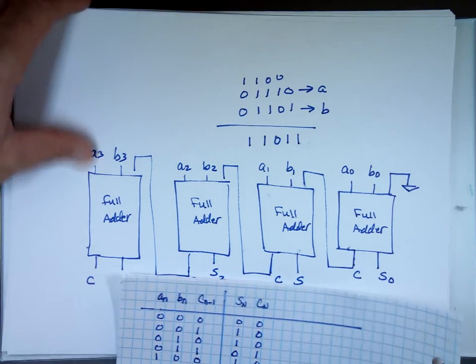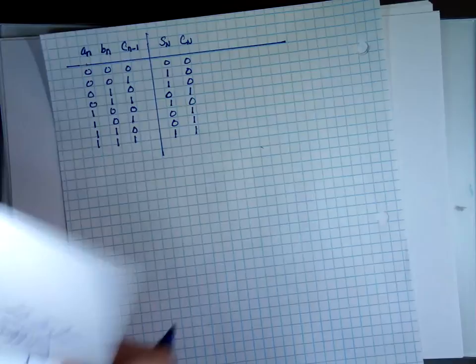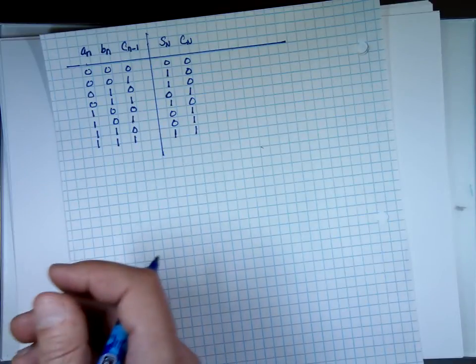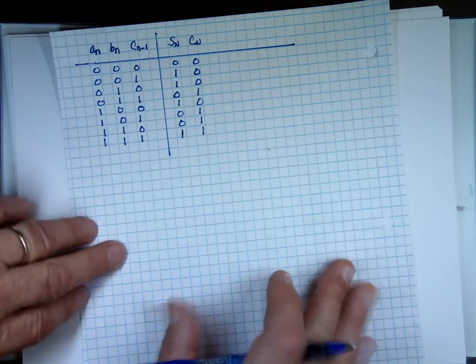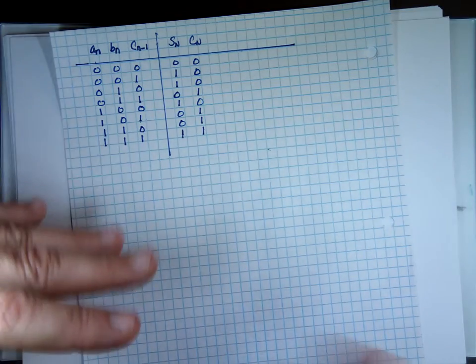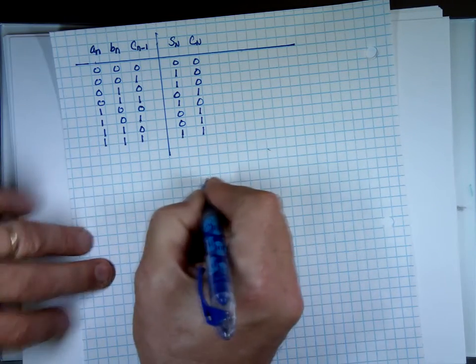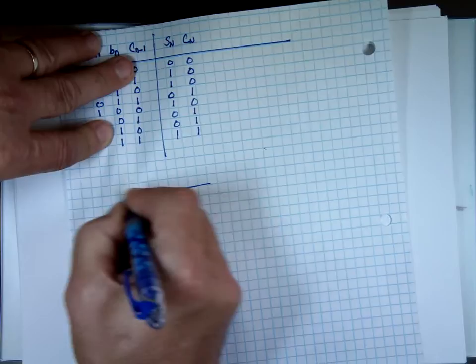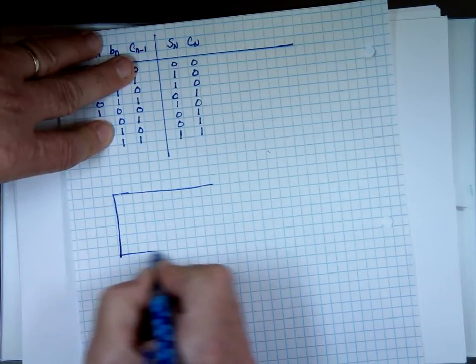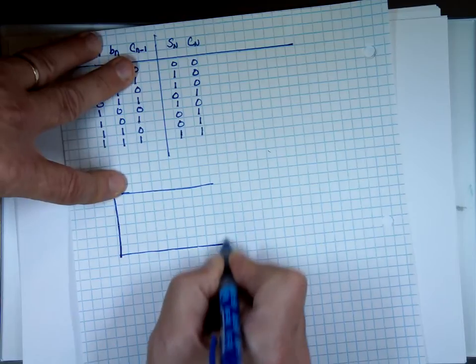So what does the inside look like? Can we build it? Sure we can. We can simplify the logic for it. Let me go back to the K-map, do a K-map for each one of these and see if I can simplify it. Build them, and that's what the inside will look like. K-map is the easiest way to simplify. So I'm going to do 2 K-maps.